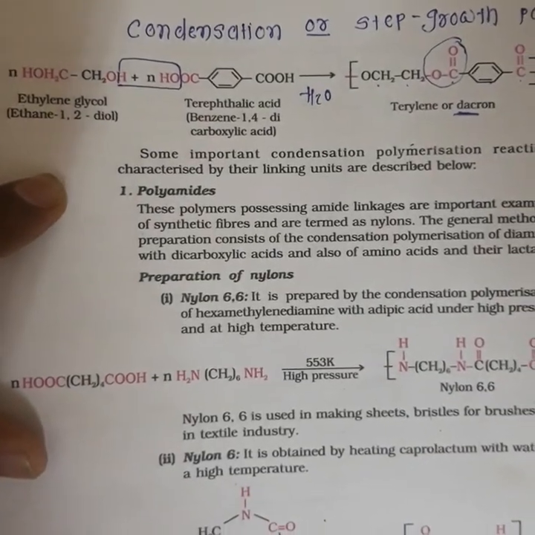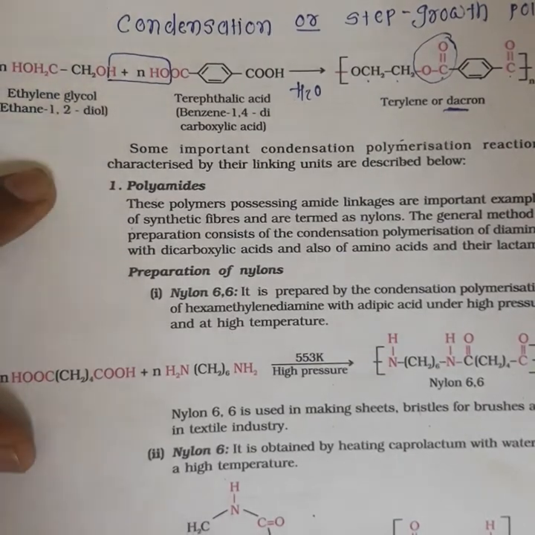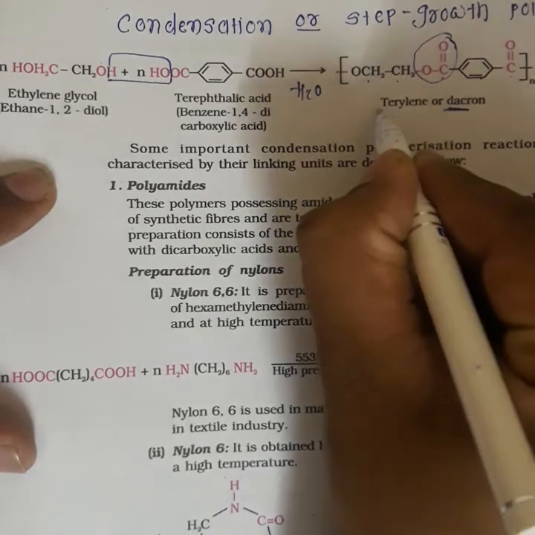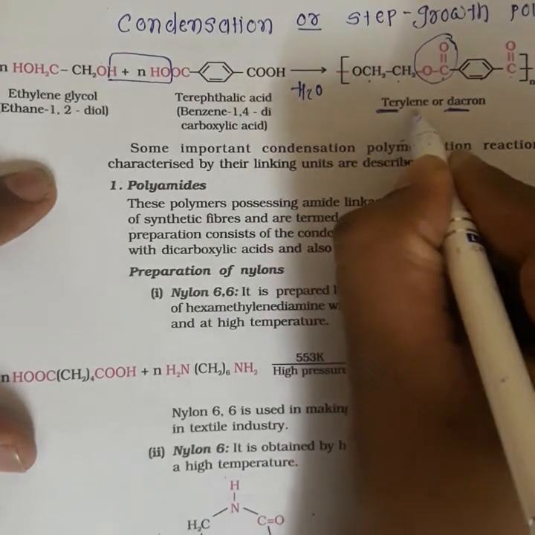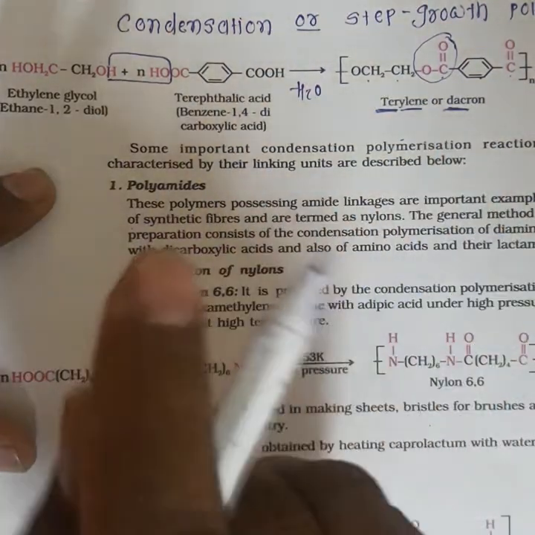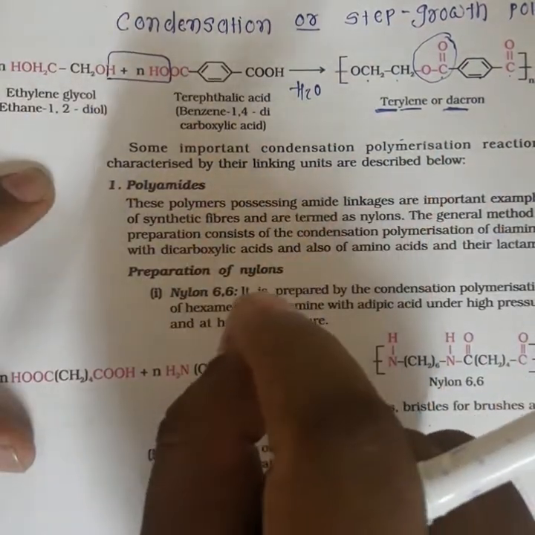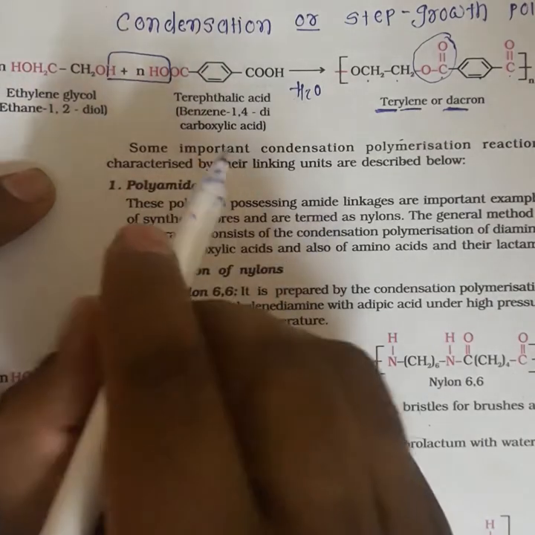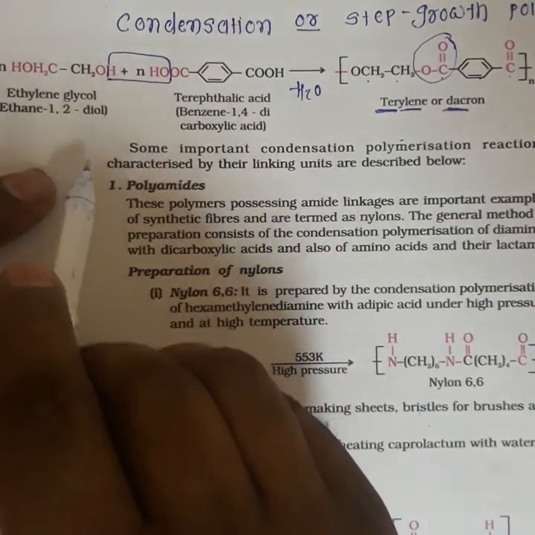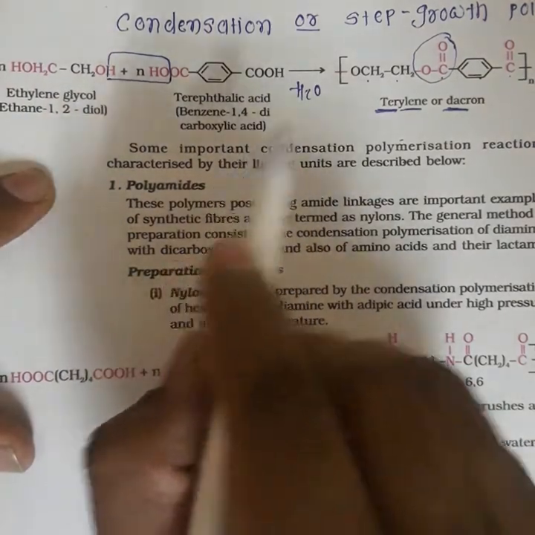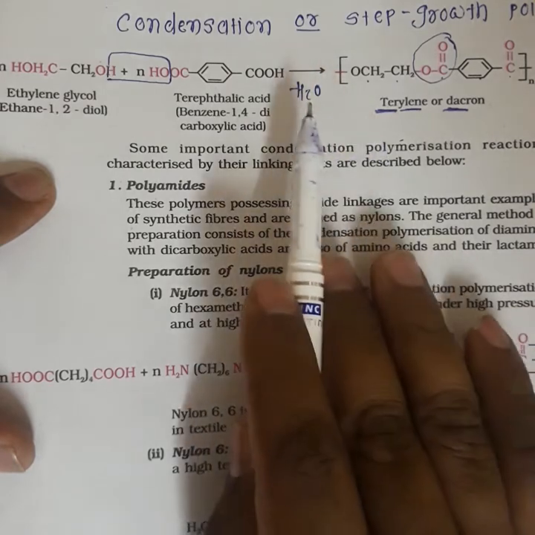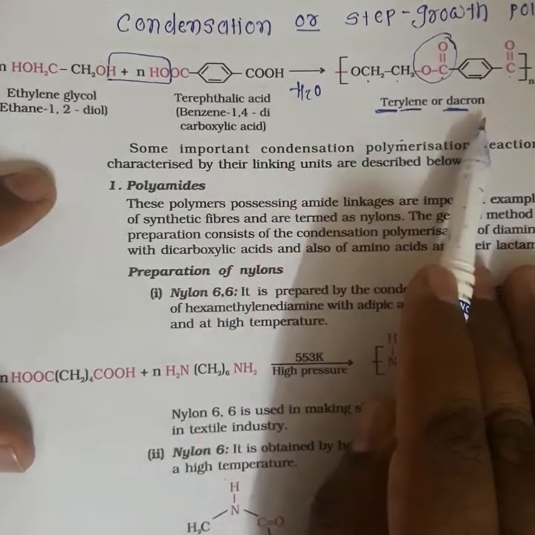Because it consists of 10 carbon containing units, it is called Dacron, and it is also called Terylene. Terylene: terephthalic acid and ethylene glycol. The combining of the two monomers is there in the name of the polymer. Terephthalic acid and ethylene glycol are combined together and result in the formation of a polyester class of polymer, called Terylene or Dacron.